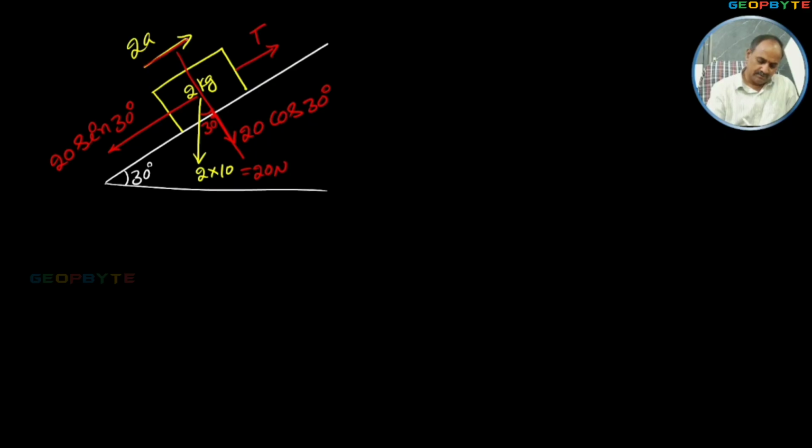The block is moving in this particular direction. Then I can write that here T is more than 20 sin 30.